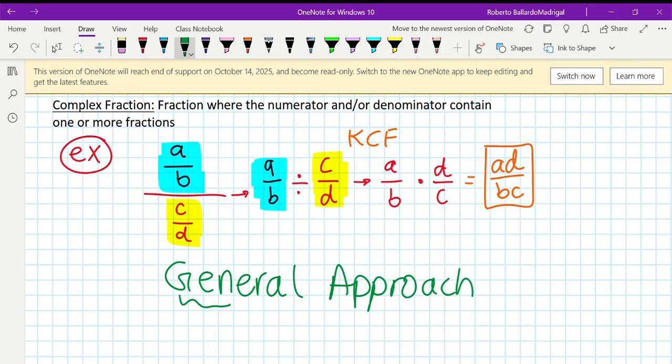I want you guys to refer to this anytime you're doing a complex fraction. Because now I'm going to give you an example with some actual numbers. So it'll be kind of easy because they're just numbers, but you got to get the idea. Okay, so we're all good with this? Give me a thumbs up if you're done writing this. All right, cool.